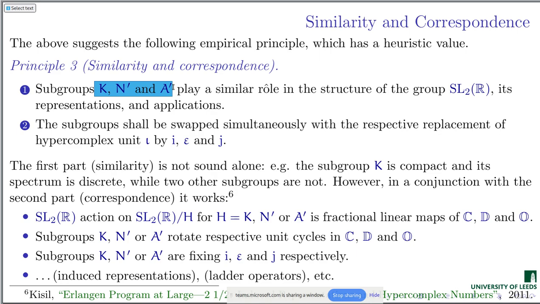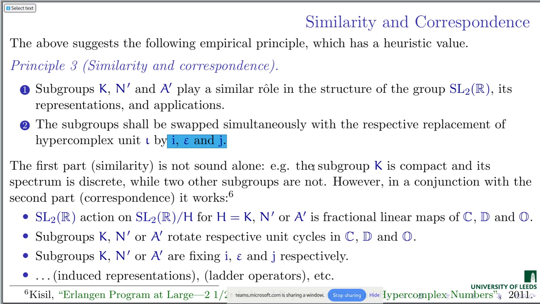So we may treat them at the same time using the same formula and the same technique, if we employ the corresponding hypercomplex numbers: complex, dual, and double.